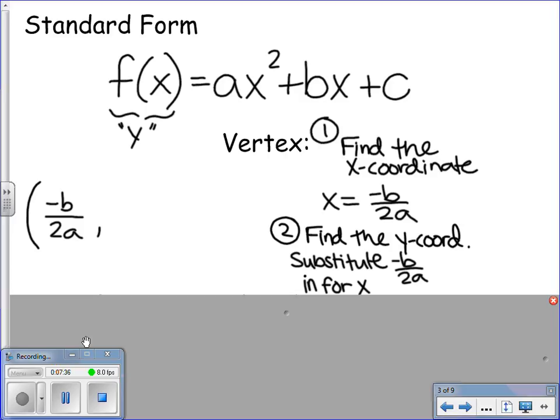And then we want the y coordinate to be whatever we get when we substitute that back in. So we're going to use function notation, and we're going to say that the y is f of the opposite of b over 2a. So this is saying x is the opposite of b over 2a, and y is whatever you get when you plug the opposite of b over 2a back into the function.